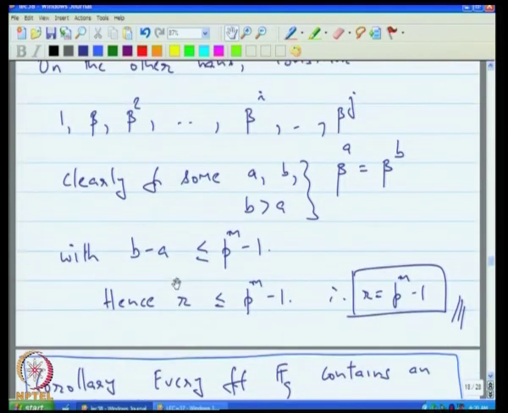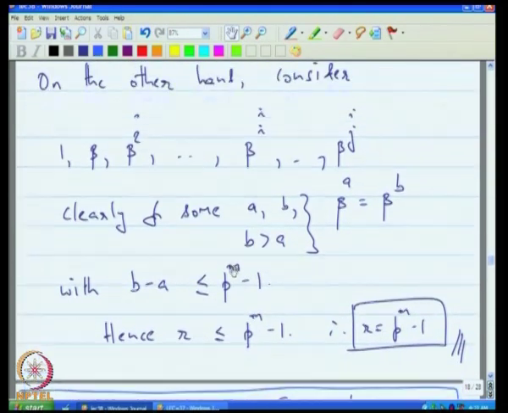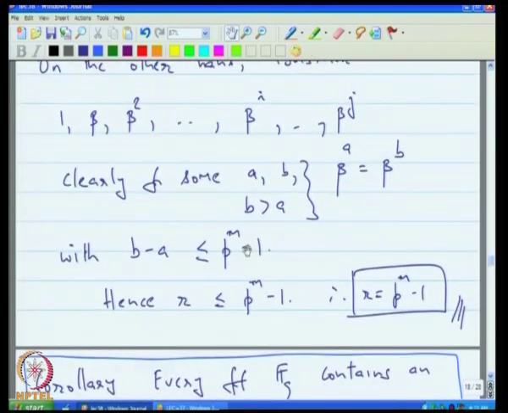This is equivalent to saying that beta to the B minus A is equal to 1.